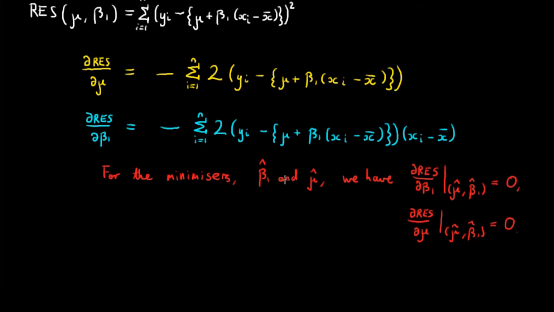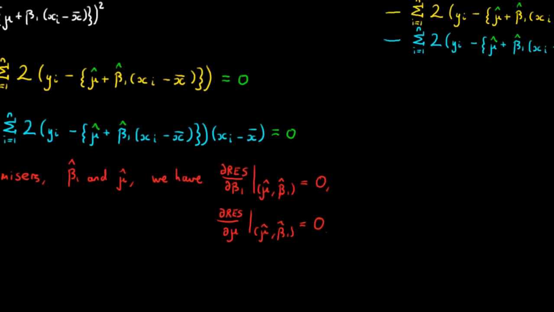So for the points beta 1 and mu that minimize the residual sum of squares, I'm going to denote those with hats over them, so we'll have beta 1 hat and mu hat being the specific points where the residual sum of squares is minimized. Then at those points both of these partial derivatives will be equal to 0. So there we go, with the hats added on, we are trying to solve these equations here.